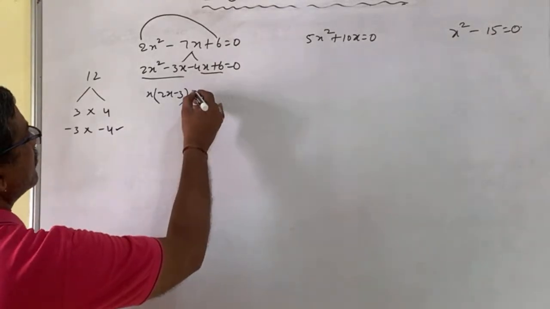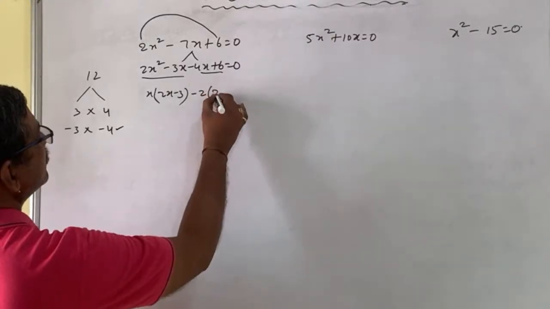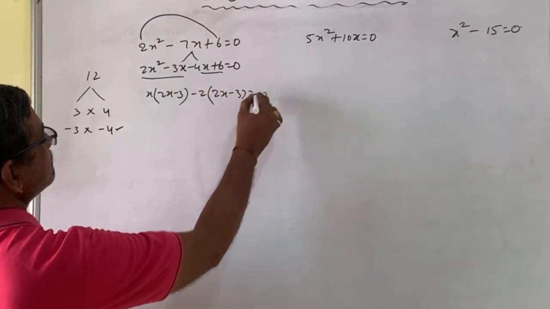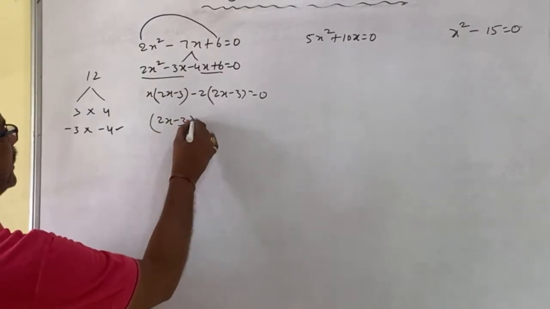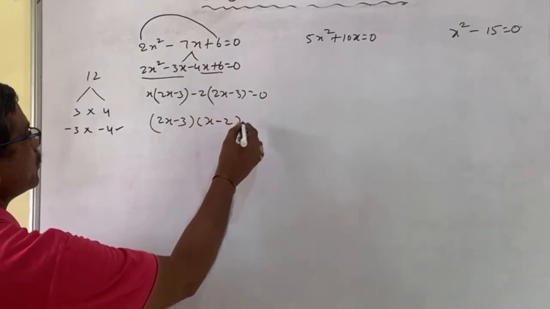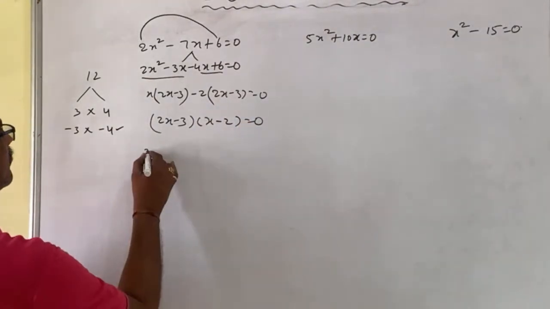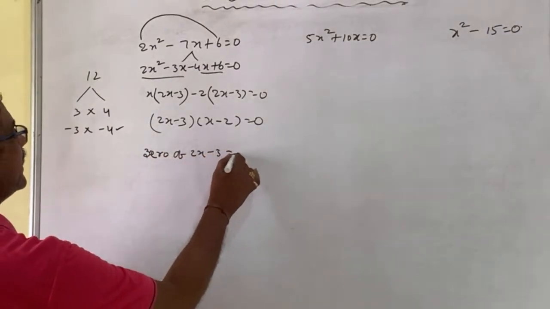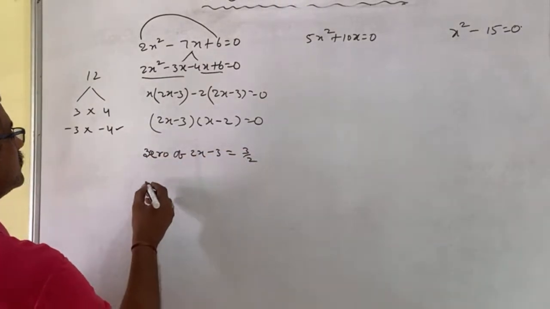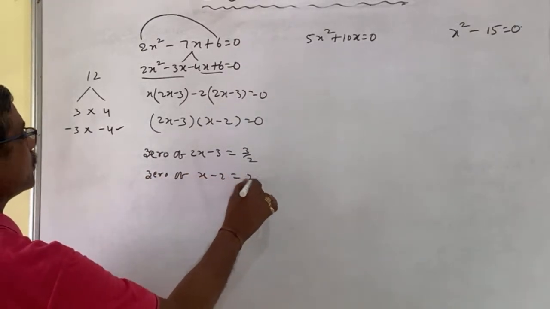From the second two terms I can take minus 2 common, remaining is 2x minus 3. So (2x minus 3)(x minus 2) is equal to 0. So the zero of 2x minus 3 is 3 by 2, the zero of x minus 2 is 2.